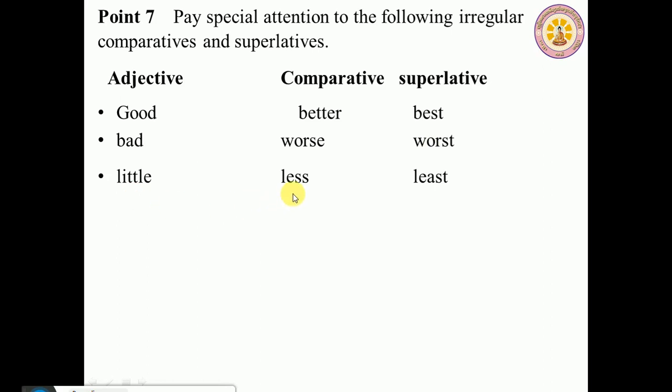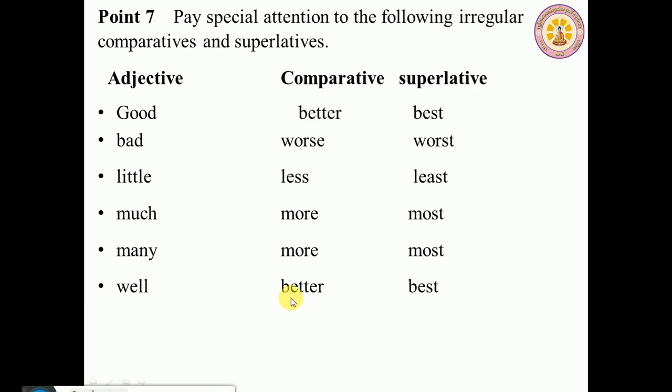Little, the comparative is less, the superlative is least. Much, the comparative is more, the superlative is most. Many, in the comparative becomes more, the superlative becomes most.